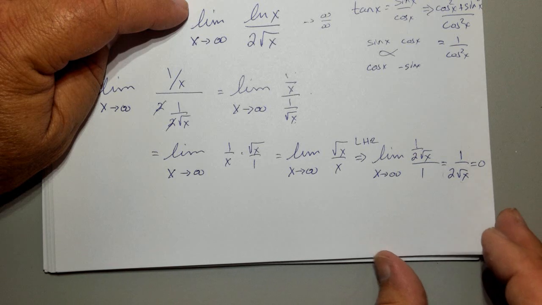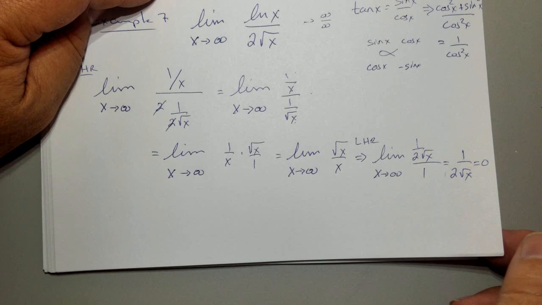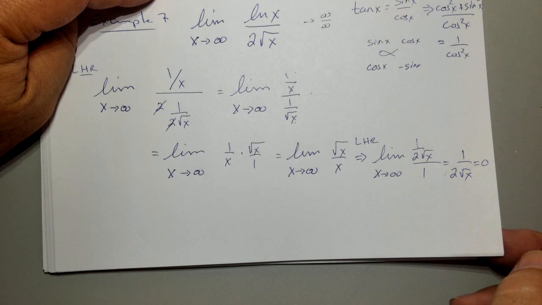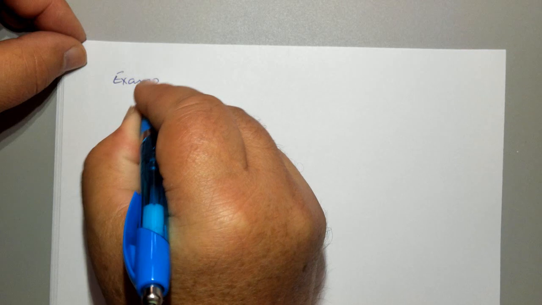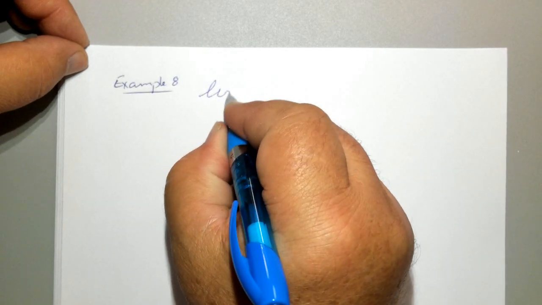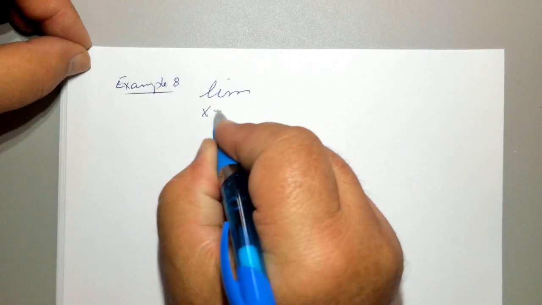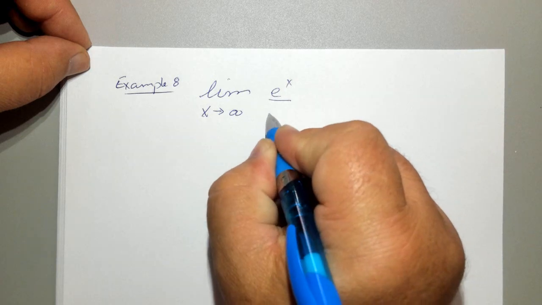Let's do one with an e. The limit as x approaches infinity of e to the power x over x squared.